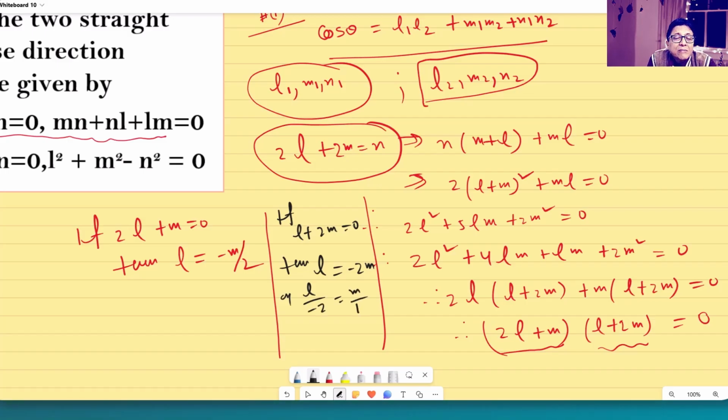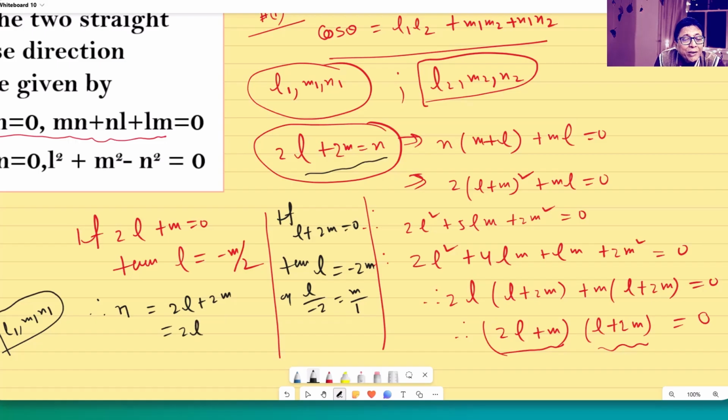But if I say that these are going to be L1, M1, N1 for the first line, then where does N go? Because you have got all these things from N equal to 2L plus 2M. So N is going to be what? 2L plus 2M. You put the value of M over there.